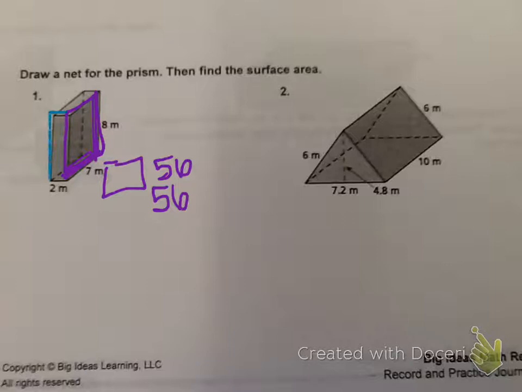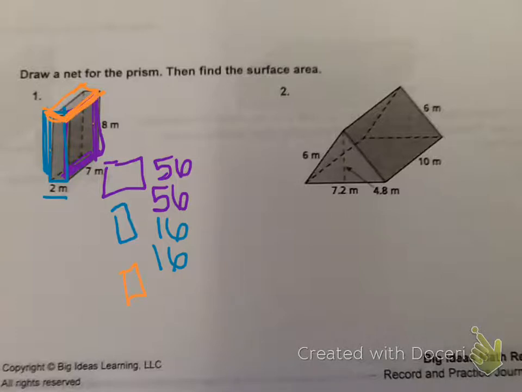Next I'm going to find the front. This is 2 by this distance, which is 8. So I have that rectangle, which has an area of 16. 2 times 8 is 16. There are 2 of those, one on the front and one on the back. And then I have the top and the bottom, and that is 2 by 7.